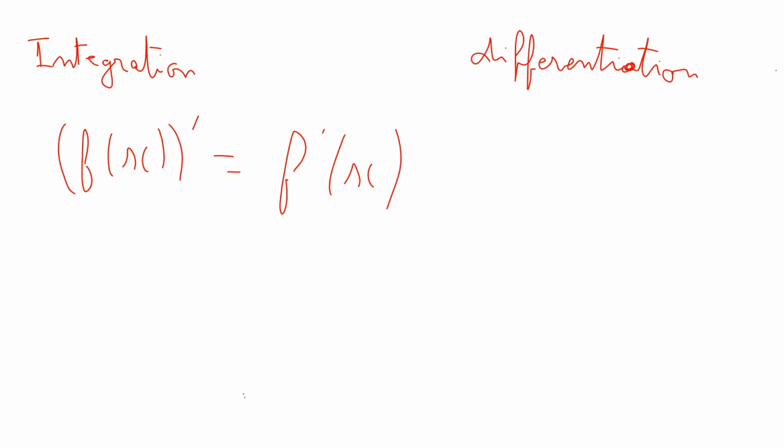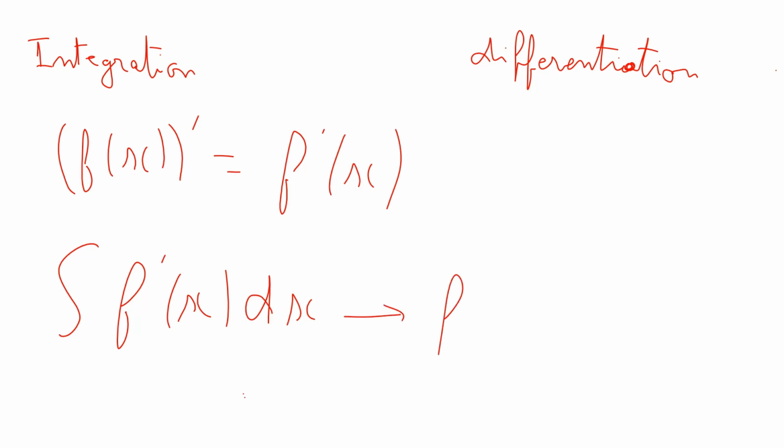Then what if we try to integrate that function? So let's say we do the integral of f prime of x dx. We'll end up again with just f of x. So it's like we went back to the original function that we had here.